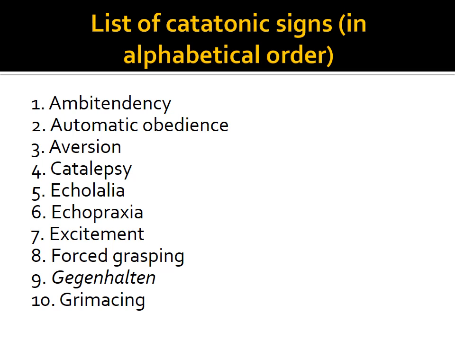And I have listed the catatonic signs in alphabetical order. In total, there are 27 signs, and there might be some overlap between some of these signs.